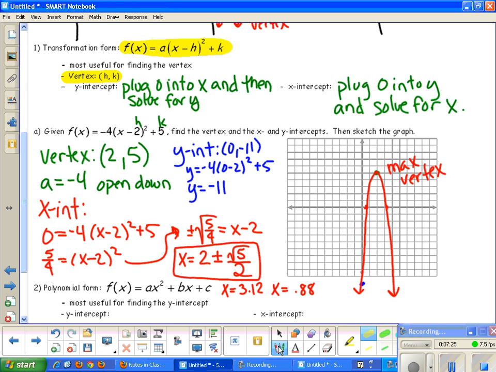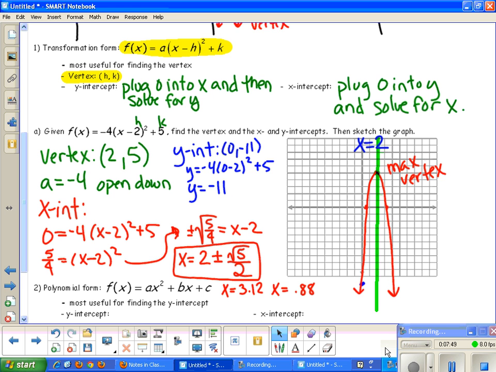So for my vertex, I know that if I were to cut this graph in half this way, each side of my graph would match up with the other side because, again, your vertex is the place where your axis of symmetry hits. And so then we say the axis of symmetry would be x is equal to the x-coordinate of your vertex. So x would be equal to 2 for the line of symmetry.